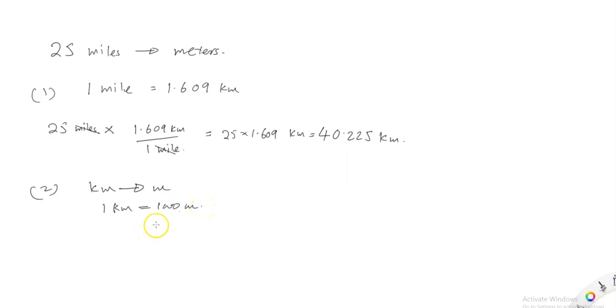So what I have to do is multiply this number by 1000. 40.225 kilometers equals 40.225 multiplied by 1000 meters, so the decimal point is going to move 3 times. 40,225 meters.